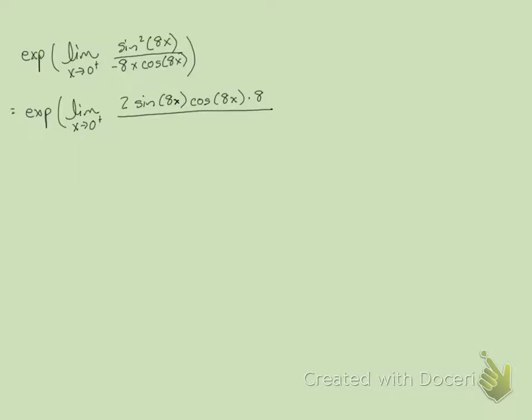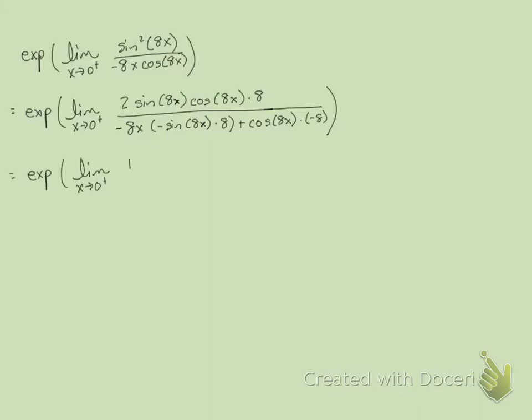And in the denominator, I'm going to use the product rule. So we'll have the first times the derivative of the second, which is negative sine 8x times 8, using that chain rule, plus the second times the derivative of the first, which is negative 8. All right, so I don't really need to clean this up too much because I'm just going to use a direct substitution here in a second.